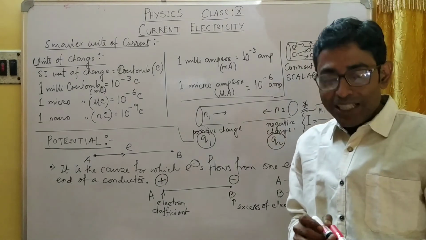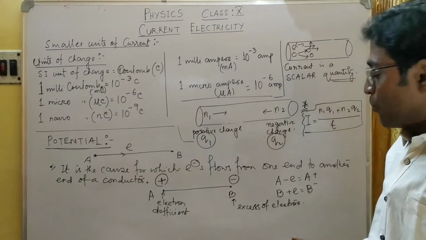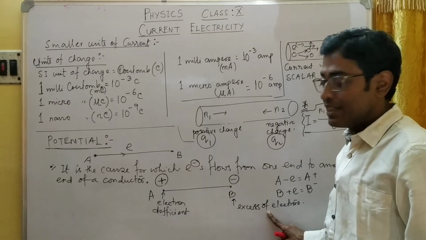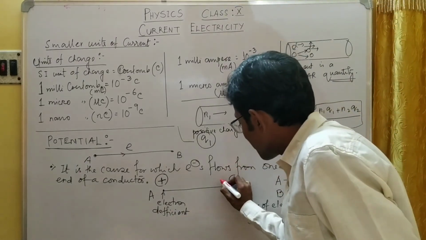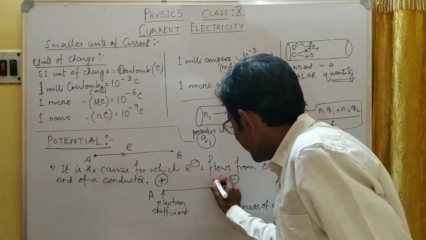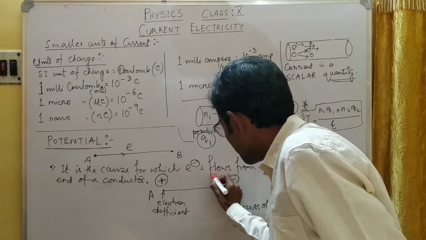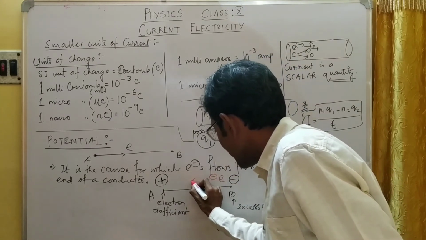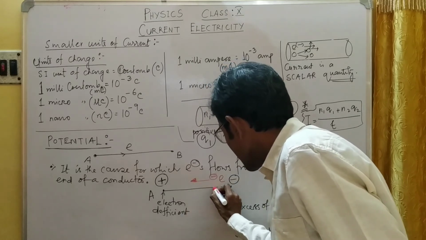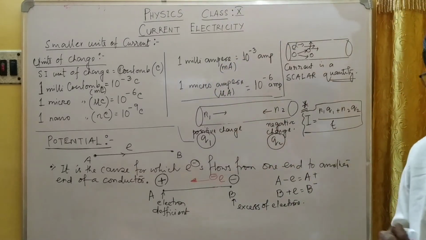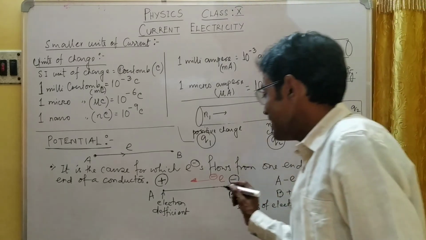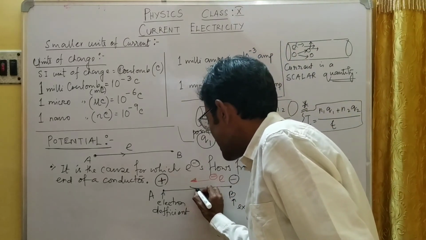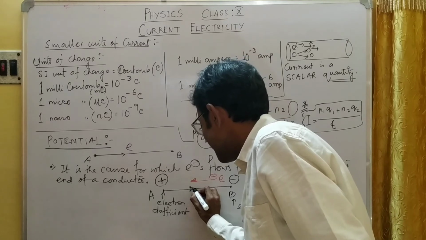So invariably, the electrons will flow from the excess region to the deficient region. So remember, electrons will be flowing from negative to positive. What is flowing? Electrons are flowing. But we say that current is flowing from positive to negative.